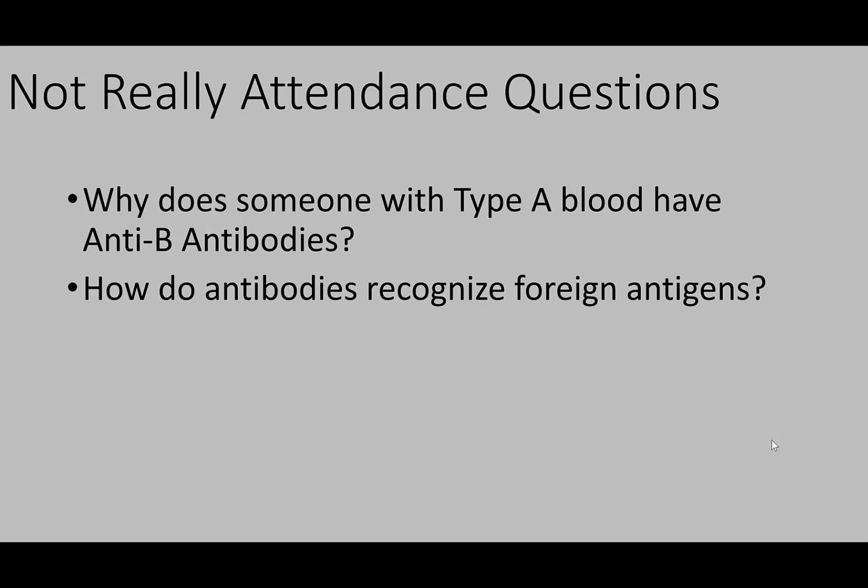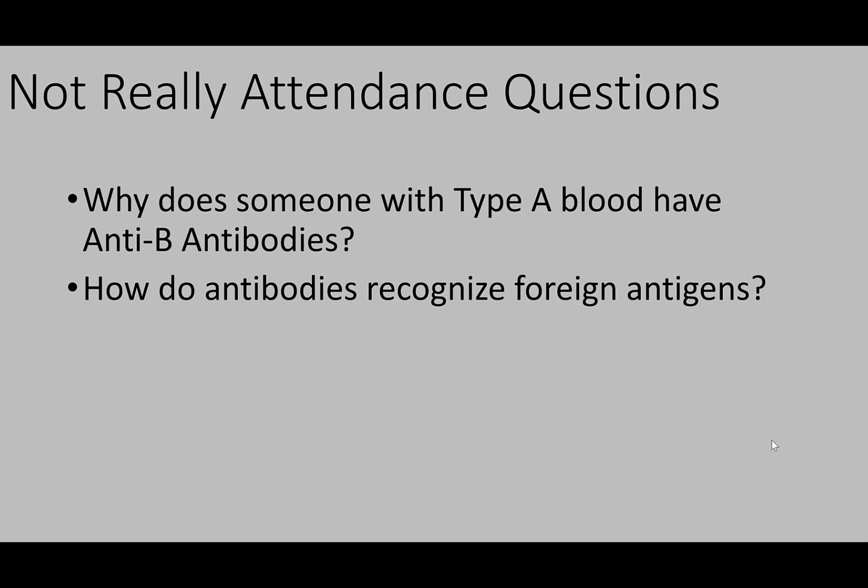First, why does someone with type A blood have anti-B antibodies? Well, from our blood group and blood typing lecture and our lab, remember, whatever the blood type is, that tells us the antigens that are on the surface of those erythrocytes.